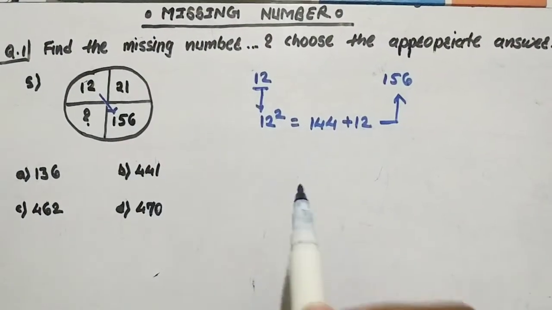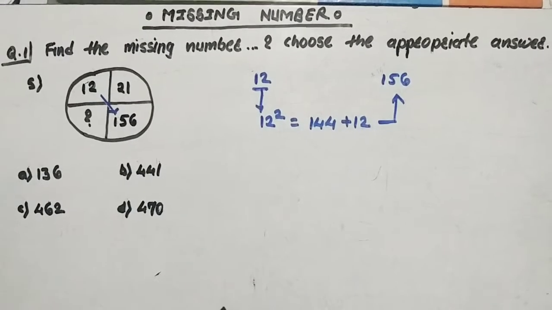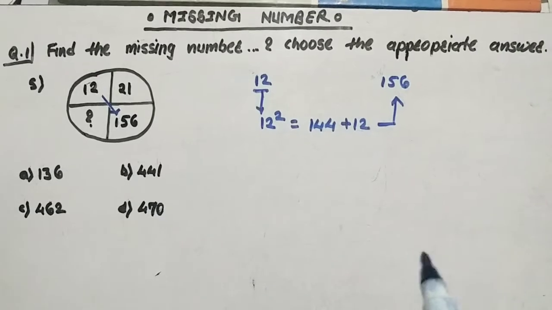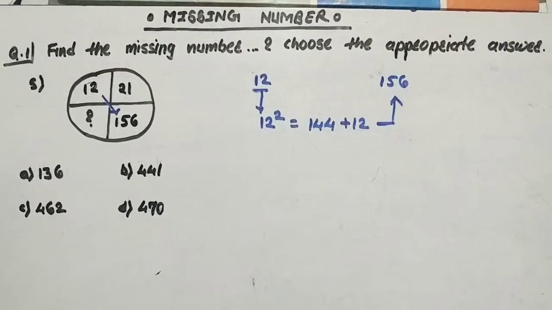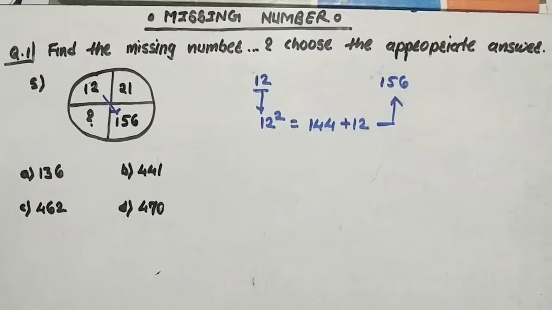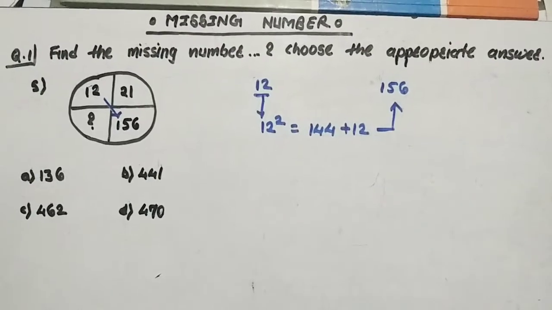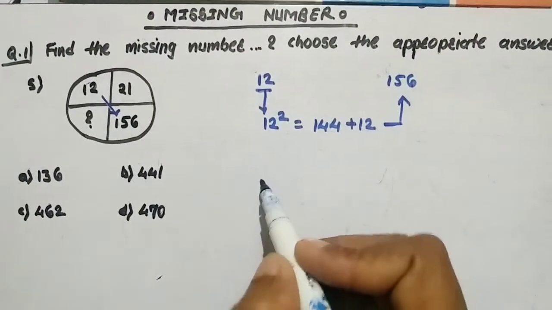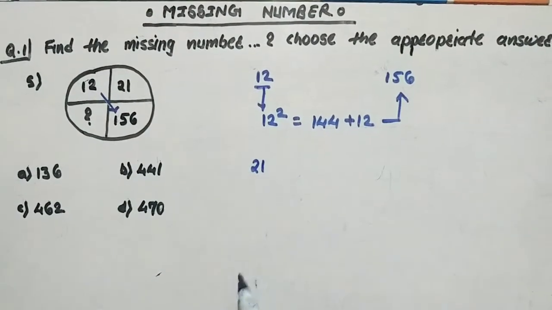So यहाँ पे जो नंबर दिया गया है, that number is squared firstly, then we add that number to its square, that is 156. So the next number would be 21.